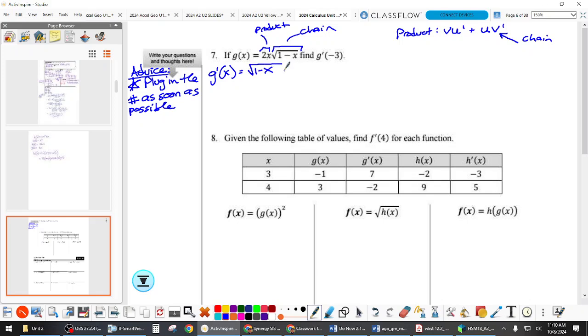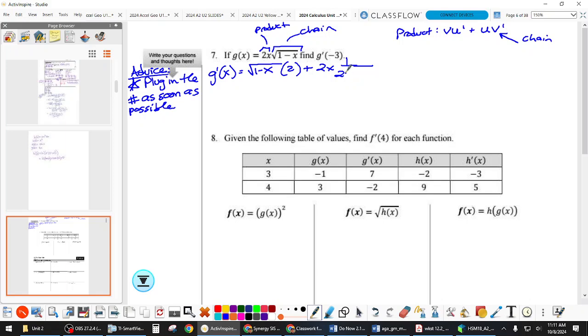1 square root of 1 minus x times 2, that's du prime, plus 2x, and then 1 over 2. Let's be careful here. So that's going to be df du.